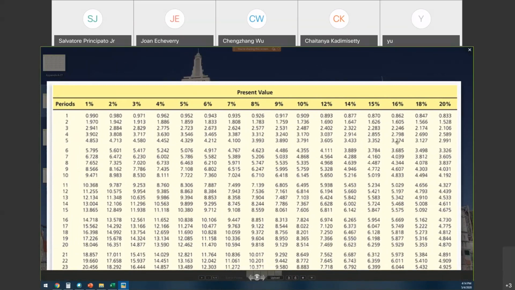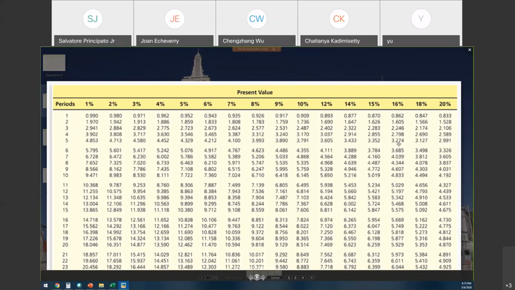So right here, 3.274 is the annuity present value factor with 5 periods and the interest rate of 16%. So from this table, we know the IRR for the laptop project is 16%.